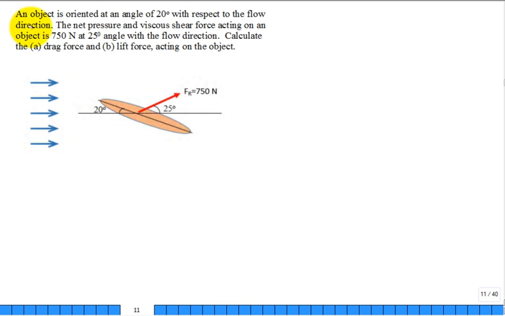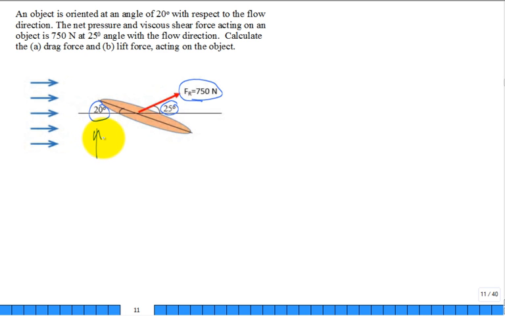If you have a calculator, let's go ahead and solve this one. An object is oriented at an angle of 20 degrees. Here's our angle, 20 degrees, with respect to the flow direction. The net pressure and viscous shear force acting on the object is a net force of 750 newtons, and it's acting at an angle with the flow direction of 25 degrees. So there are two angles.